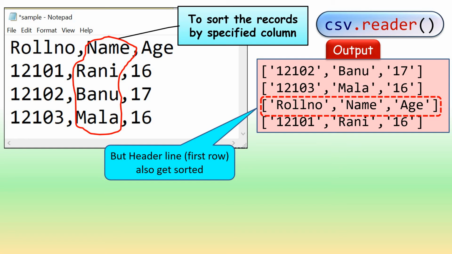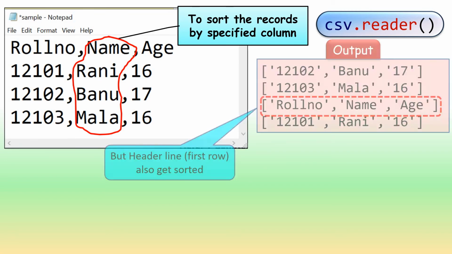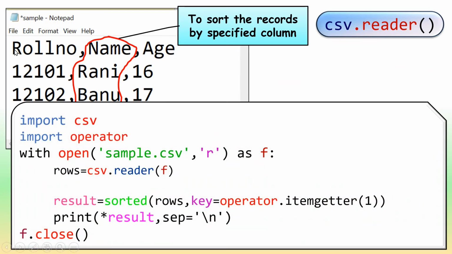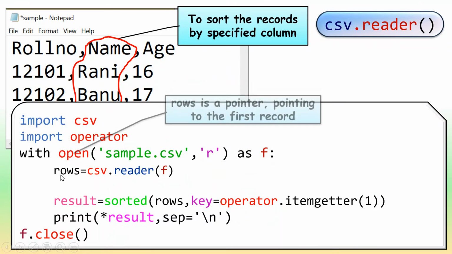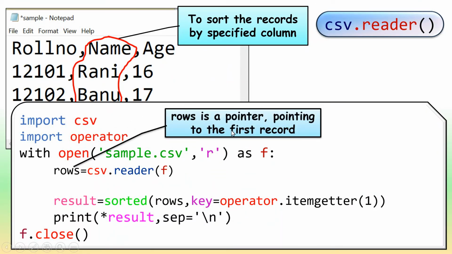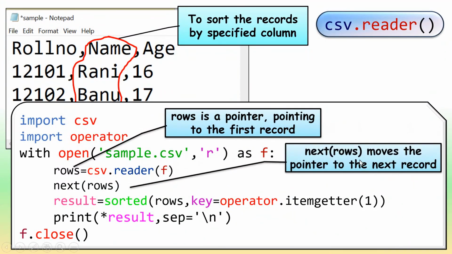To avoid the header line from getting sorted, you have to move the pointer object rows by one record. Here rows is a pointer pointing to the first record, and the next of rows moves the pointer to the next record.